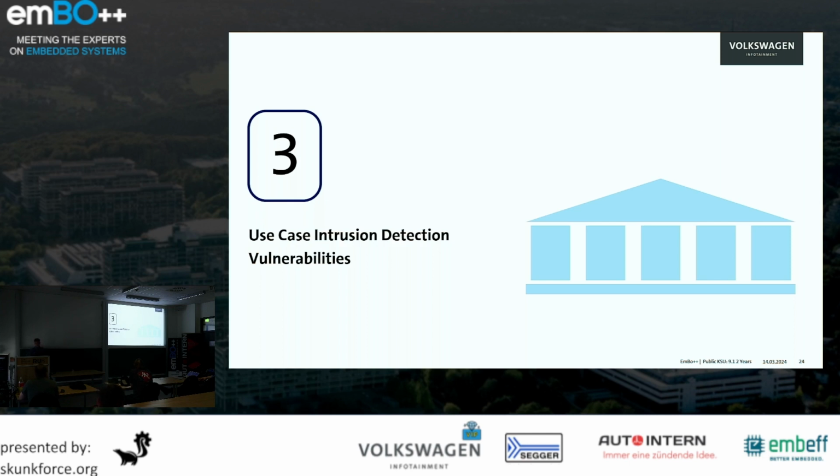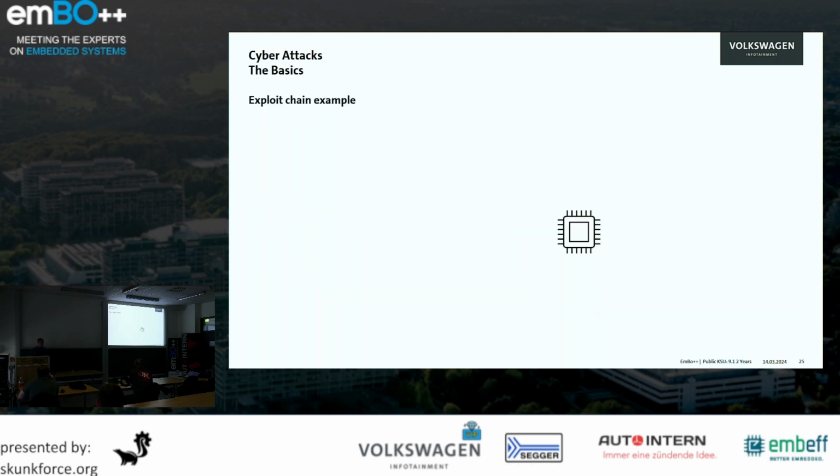Next are the vulnerabilities. Before coming to the vulnerabilities, I will give you a short explanation of how an example exploit chain would work. What would an attacker do if you get a chip in your hands and know you have some interface to talk with the chip?